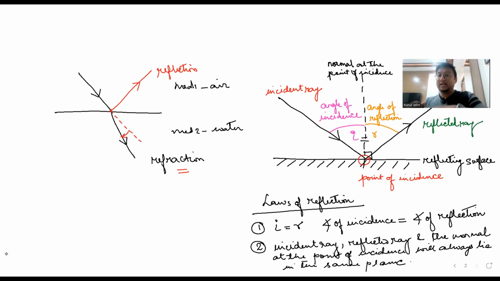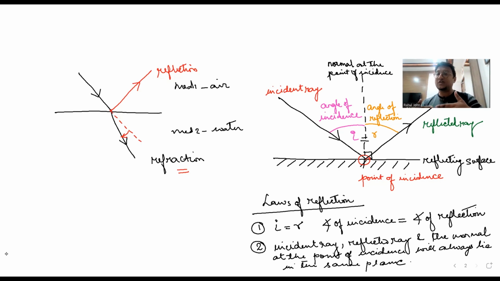It means that if you have a surface, right, incident ray, normal, and the reflected ray, they will not be oblique to each other. They will lie in the same plane. The incident ray, the reflected ray, and the normal at the point of incidence will lie on the same plane.